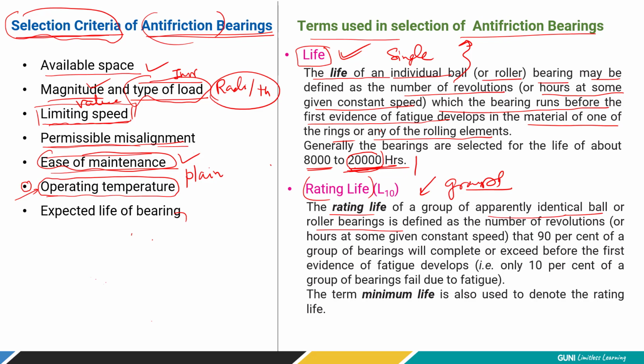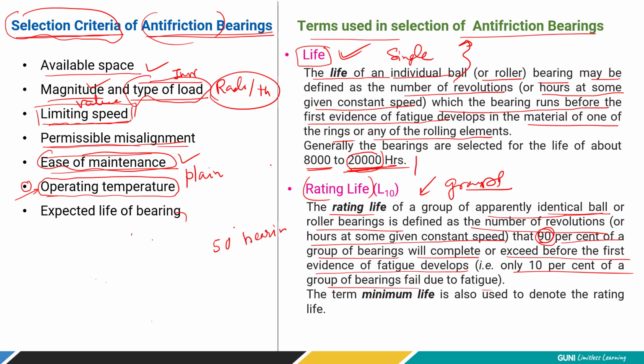So the rating life of a group of apparently identical ball or roller bearings is defined as the number of revolutions or hours at some given constant speed that 90% of the group of bearings will complete or exceed before the first evidence of fatigue develops. That means only 10% of the group of bearings will fail. Let's say you have 50 bearings in your group, right?